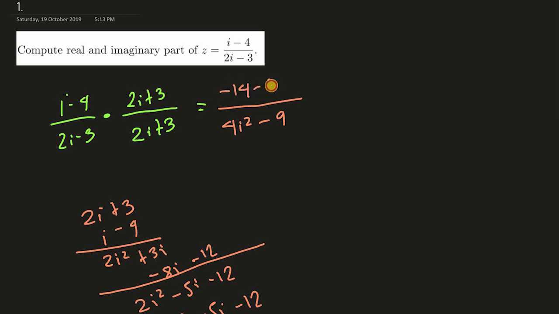So let's simplify this. Negative 14 minus 5i. Guys, dito sa baba, as I said a while ago, i squared is equals to negative 1. So negative 1 times 4 would be equal to negative 4. Negative 4 minus 9 would be equal to negative 13. So negative 13 yun guys.